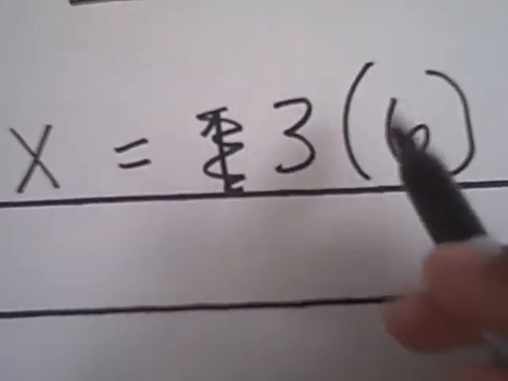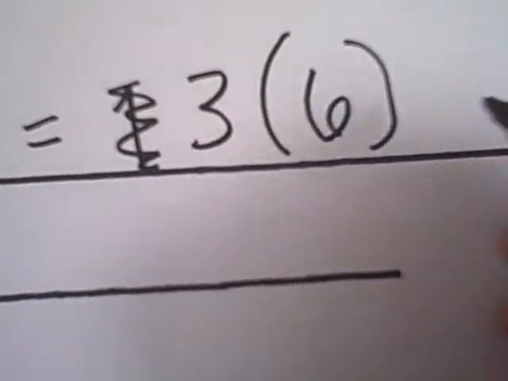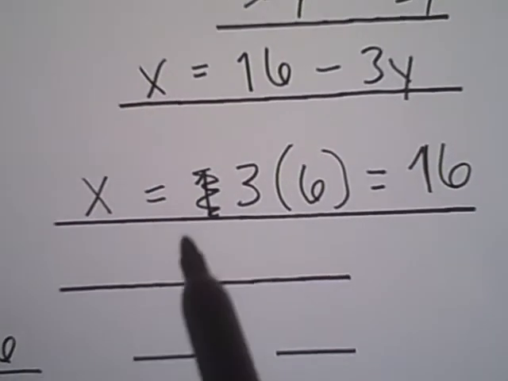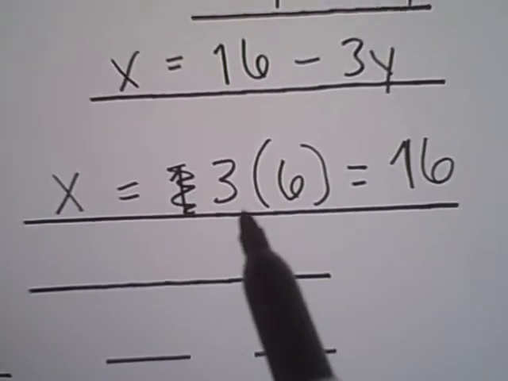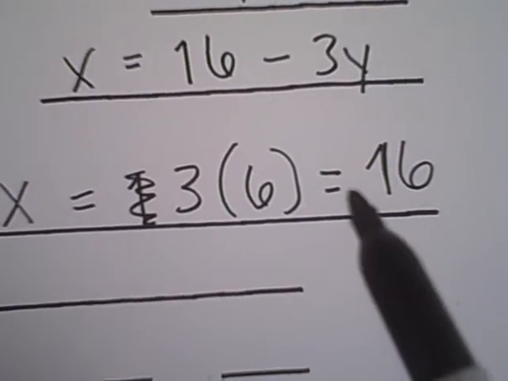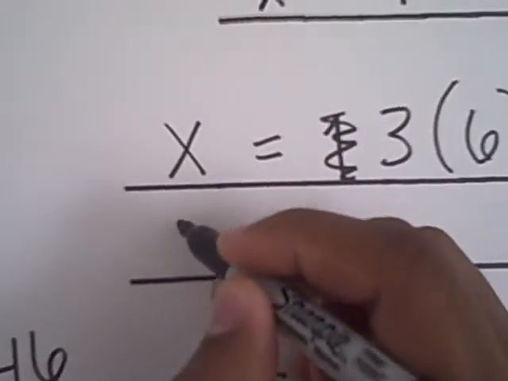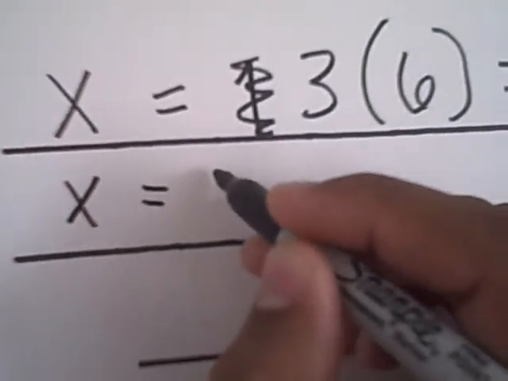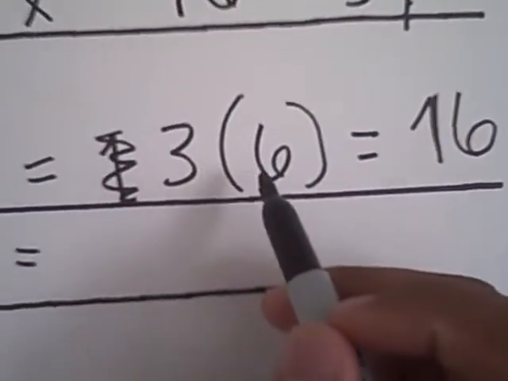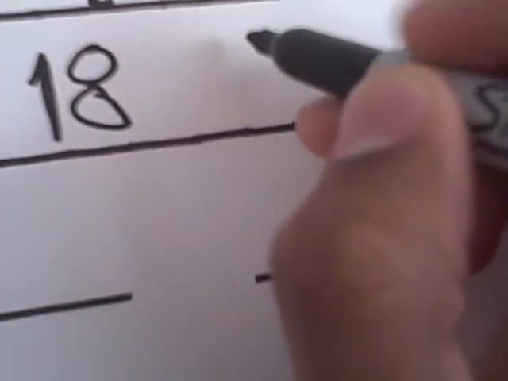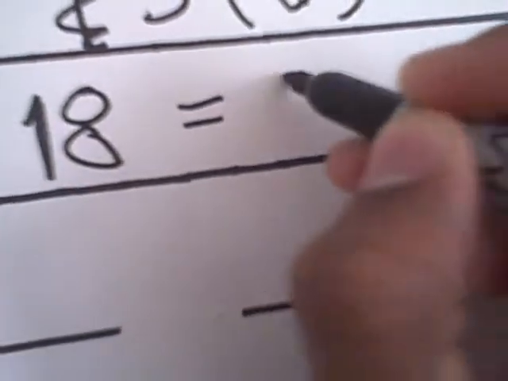So our equation is x plus 3 times 6 equals 16. Next we multiply 3 and 6, and we get 18. So x plus 18 equals 16.